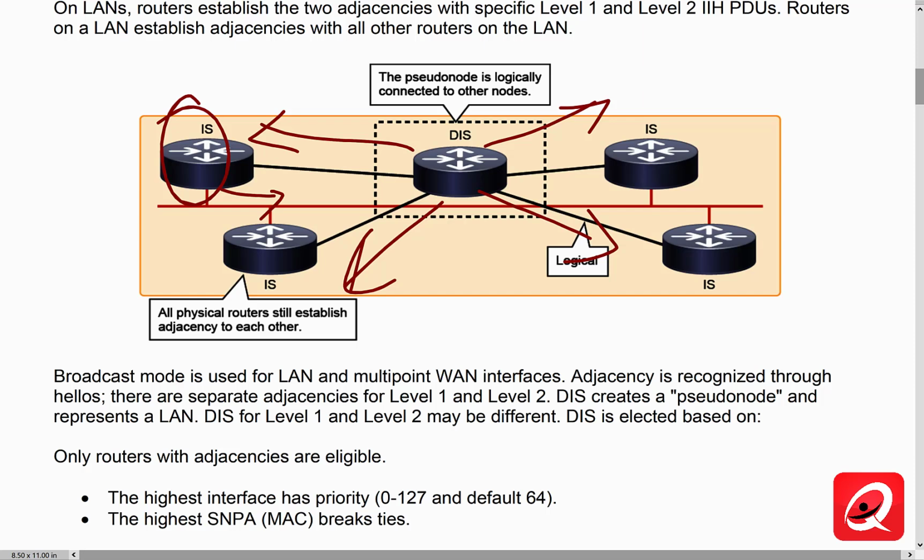All right. So in summary, basically, we have this broadcast mode of operation, and we talked about the need to have this process built in to reduce the number of adjacencies. That DIS, like I said, is elected.